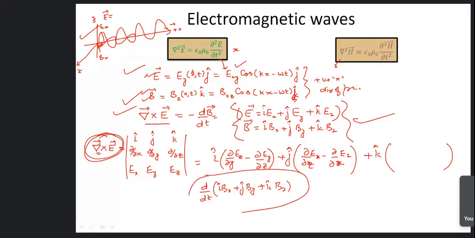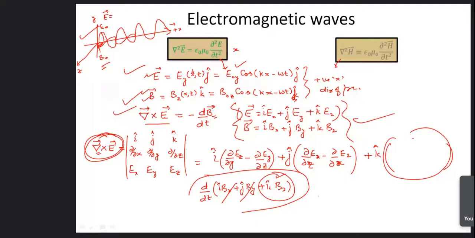We see that we can equate them, and for our electromagnetic wave, we have to write only the z component. These two components are not there. I have the magnetic field along the z component, so I'll compare it with the y component of the electric field.